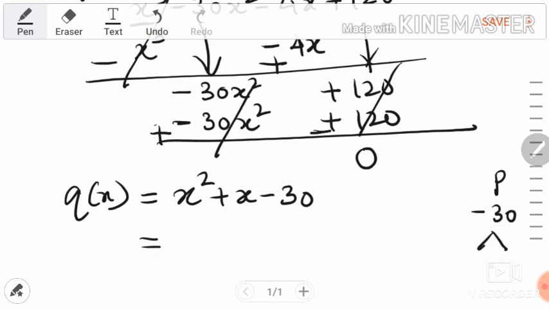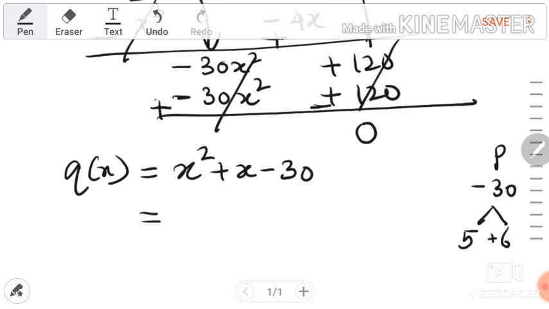Now split 30 so that the sum of those two factors is the coefficient of x. If we place plus with 6 and minus with 5, then minus 5 and plus 6 add up to give you plus 1 and multiply to give you minus 30. So these are our factors. Now I can write these factors directly as x minus 5 into x plus 6.